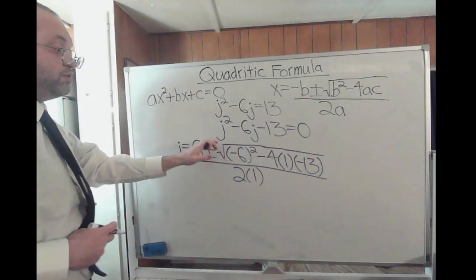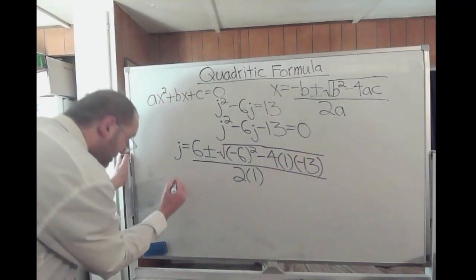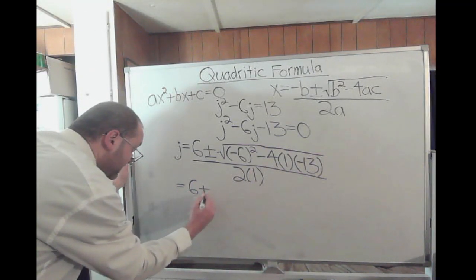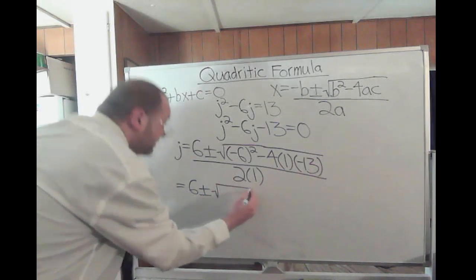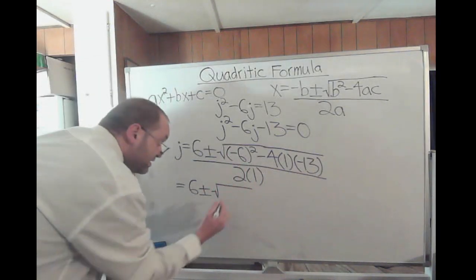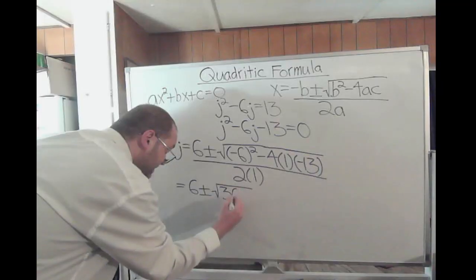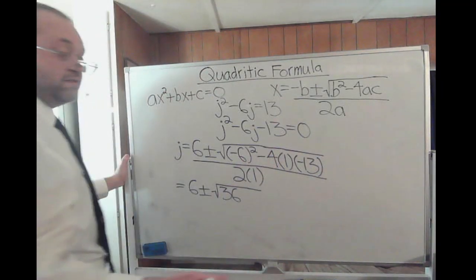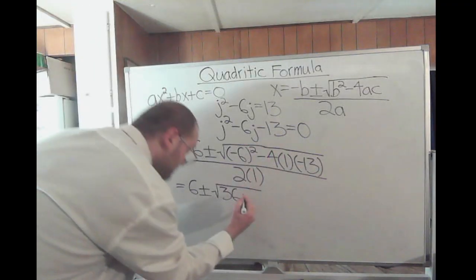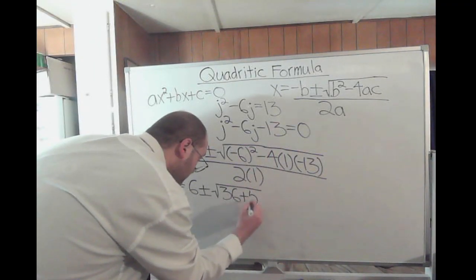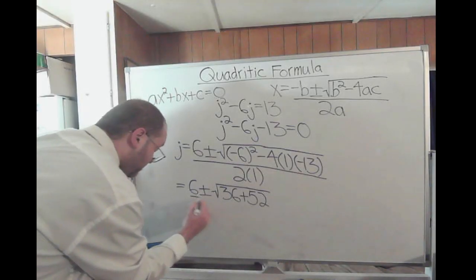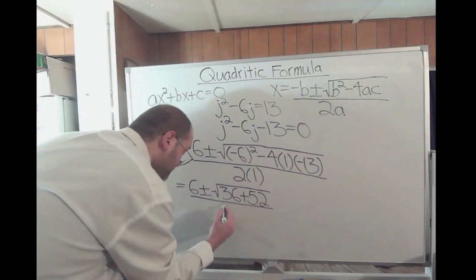So now we've set up our quadratic formula, which will simplify further into 6 plus and minus the square root of negative 6 to the second, that's going to be positive 36. And then negative 4 times 1 is negative 4, times negative 13, that's positive 52. This would be all over 2 times 1, which is 2.